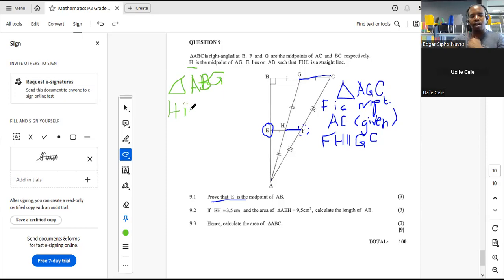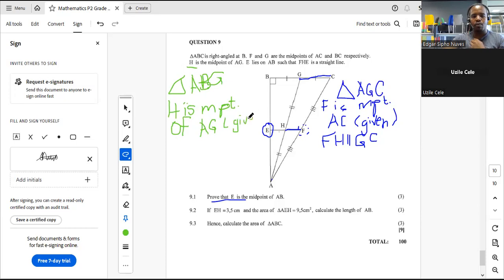I'm going to write it in shorthand. H is the midpoint of AG, and that is also given.